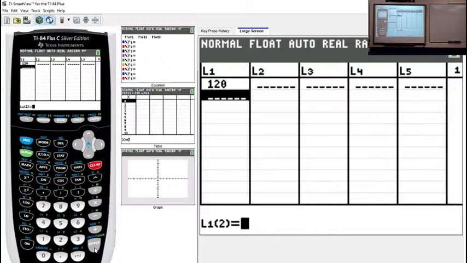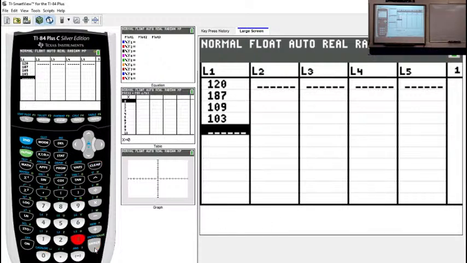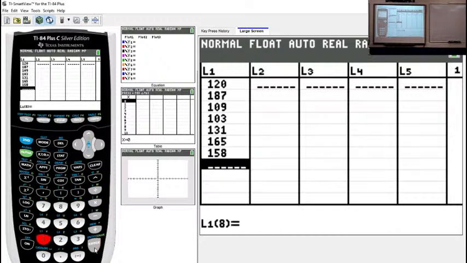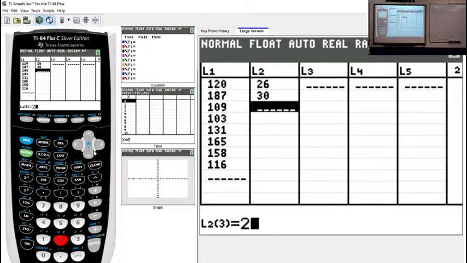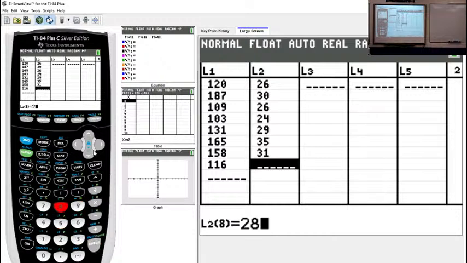So this is my explanatory variable. This is my x that I'm putting in list 1. You always want to put your x in list 1. And then in list 2, I'm going to put my response variable. I'm going to put my y. So x goes in list 1, y goes in list 2.